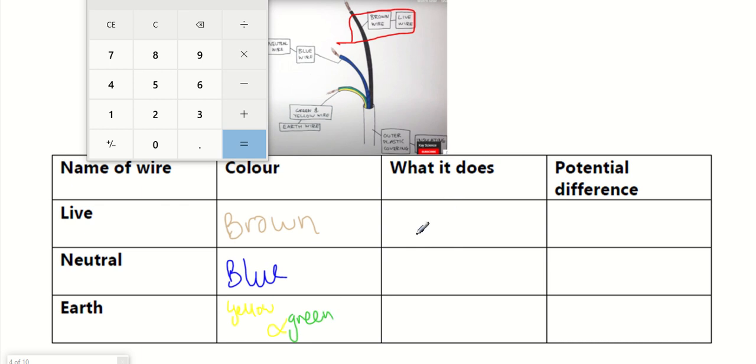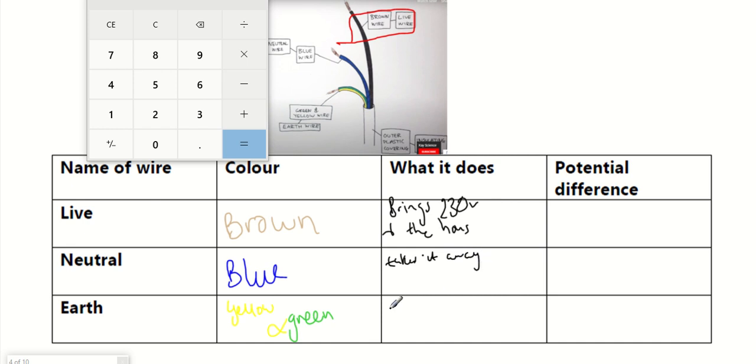What it does, this one brings the electricity from the power supply. So this one brings 230 volts alternating potential difference to the house. This one takes it away.